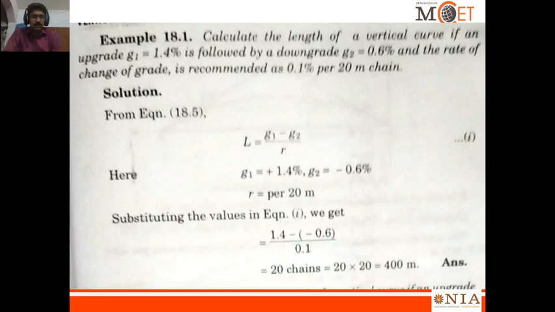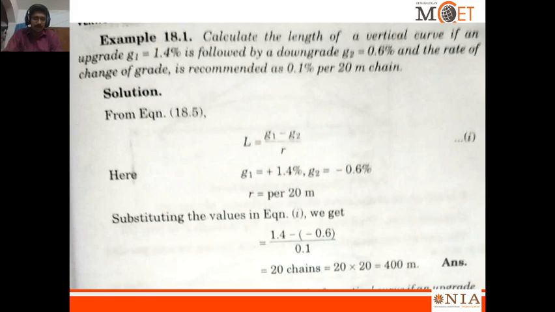Calculate the length of a vertical curve if an upgrade G1 equal to 1.4% is followed by a downgrade G2 equal to 0.6%, and the rate of change of grade is recommended as 0.1% per 20 meter chain. The formula we have is L is equal to G1 minus G2 by R. Here G1 is 1.4%, upgrade, positive.